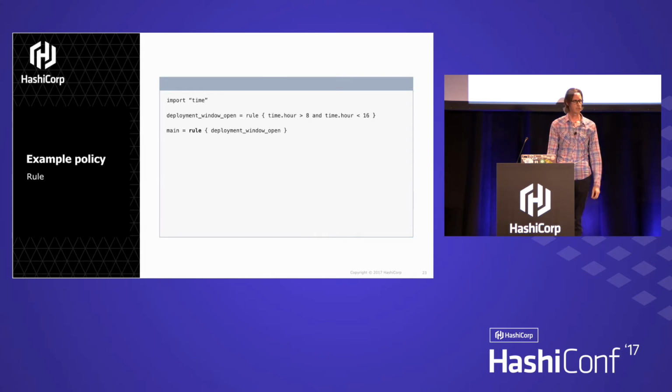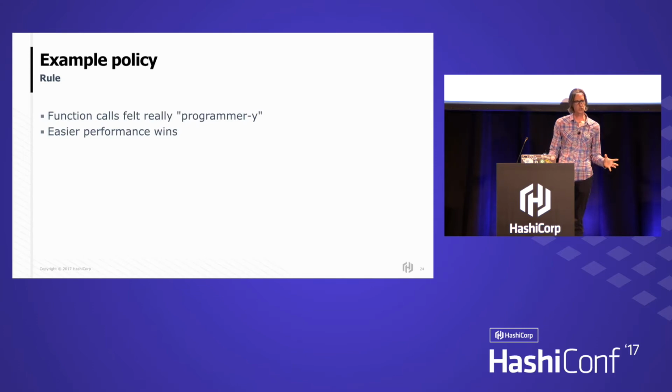And there are 2 main reasons why we like rules. Function calls felt really programmery. A complex Boolean expression and these simple sub-expressions felt simple enough that we wanted to expose this. And it gives us an easier performance win. The simple hint allows us to do some really good optimization internally.